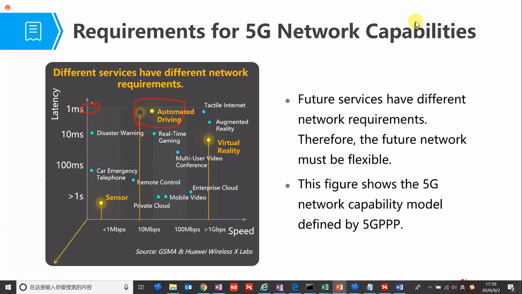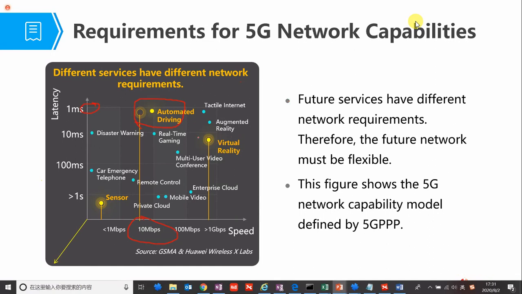And it doesn't need high throughput, just 10 Mbps is enough. This is the bandwidth of the network.